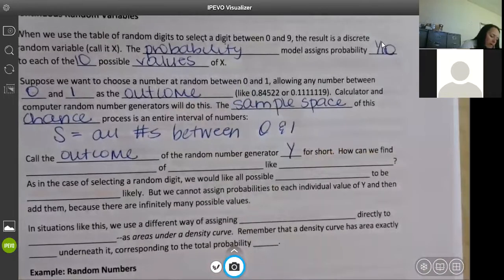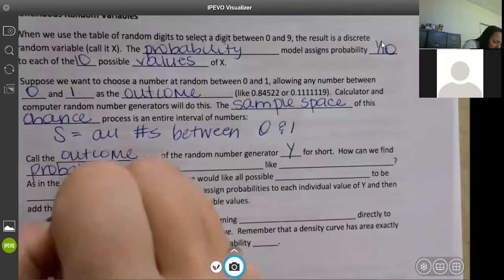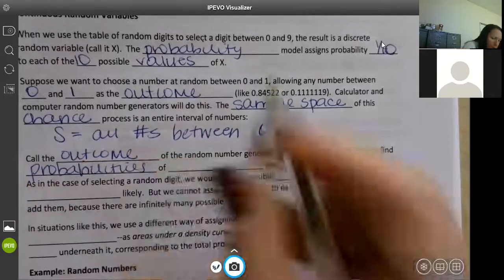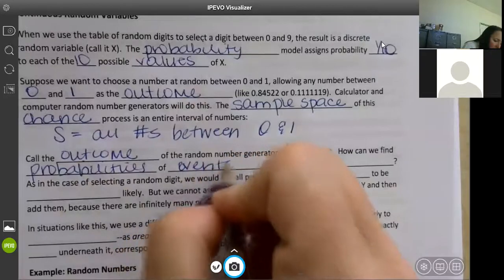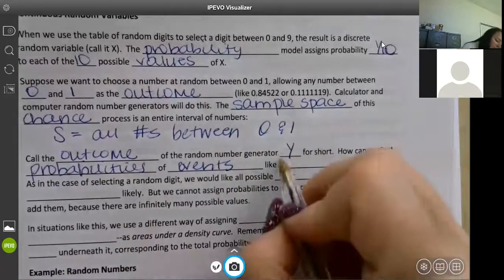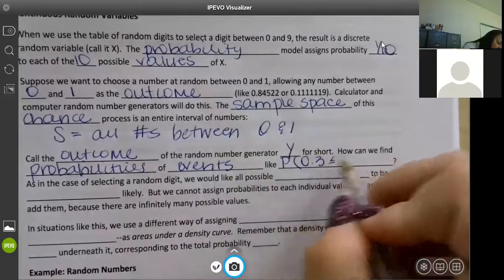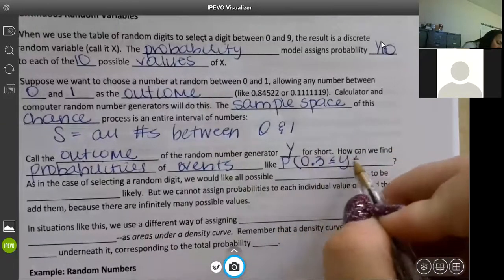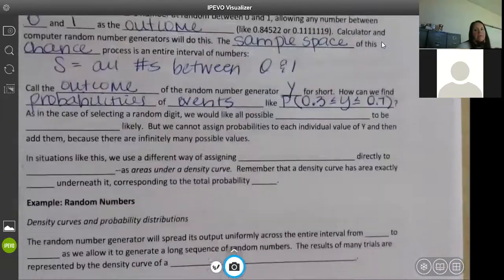How can we find probabilities of events like the probability that 0.3 is less than or equal to Y, less than or equal to 0.7?